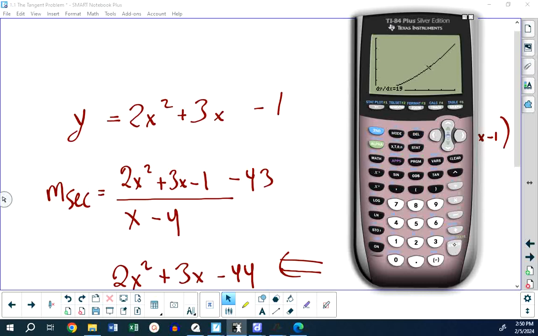If you want to, you can go to draw tangent and enter 4, and it will draw the tangent, and to boot, it will give you the equation of the line. Okay. These are things you can use to check your work. They're not how you would do an exam question.